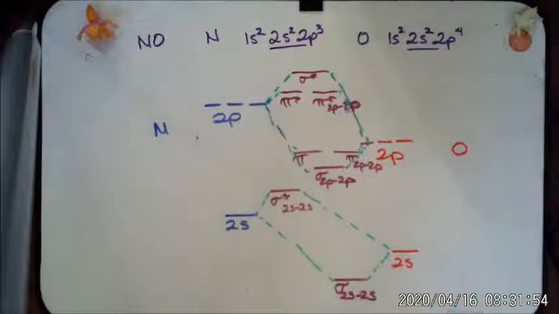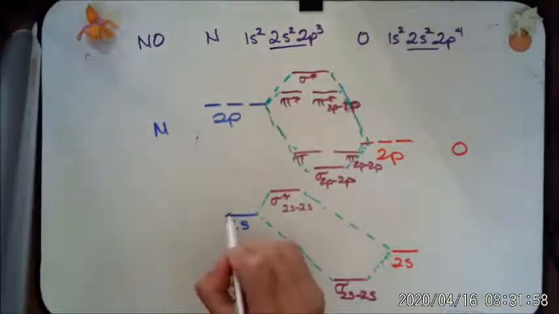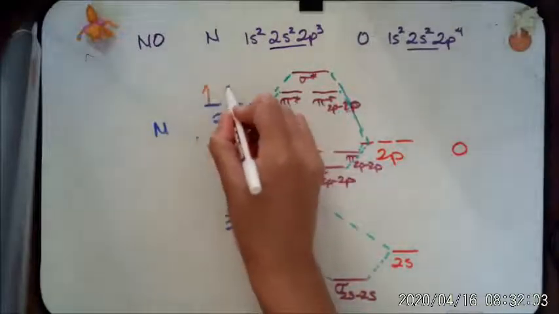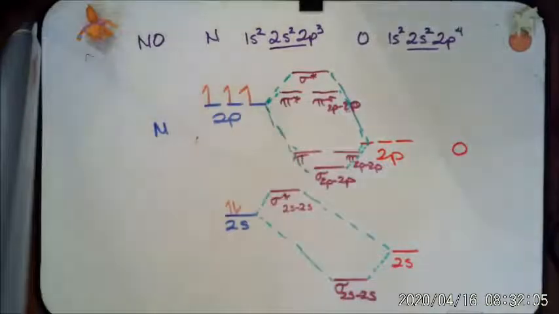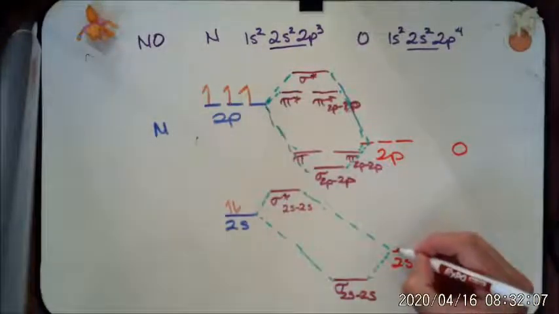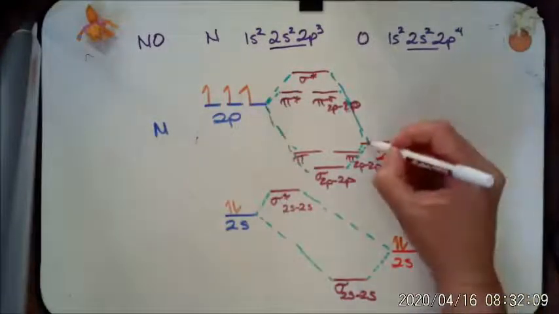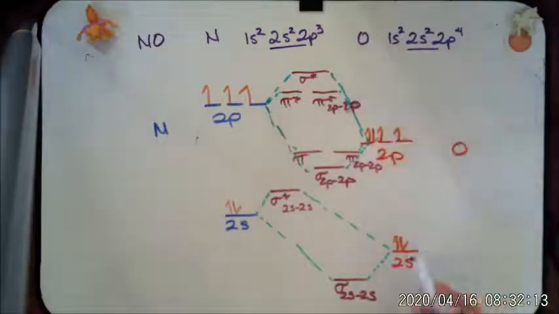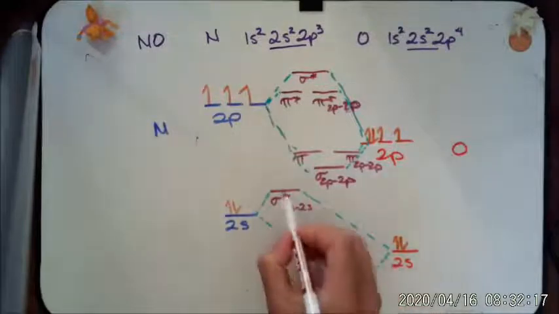So if we went ahead and filled up our electrons, 1, 2, 3, right? 1, 2, 1, 2, 3, 4. Now let's go ahead and do exactly what we've been doing before.